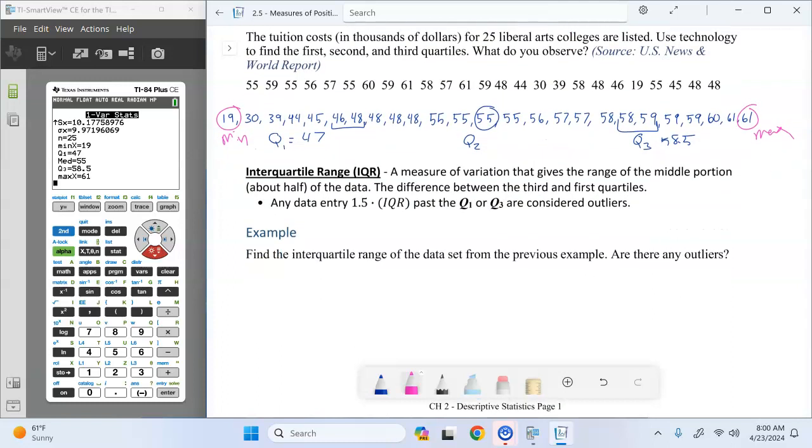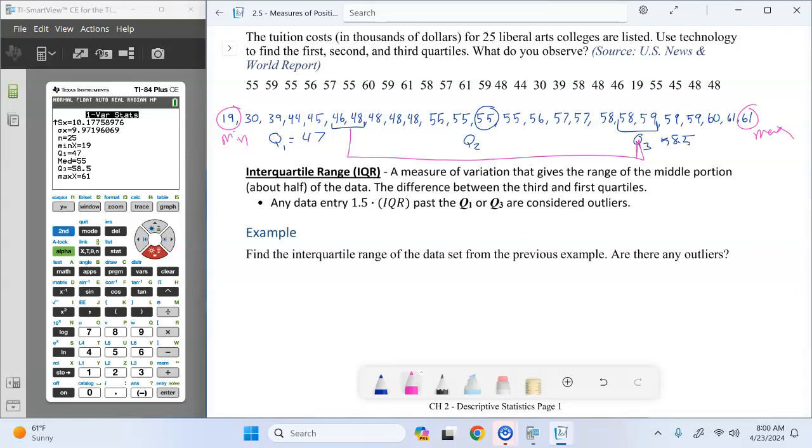Okay. Well, next thing we're going to look at, and it's part of this 5-point summary, is the interquartile range. It's the measure of variation for the middle portion of our data, half of our data. So from Q1 to Q3, the range between those two values.